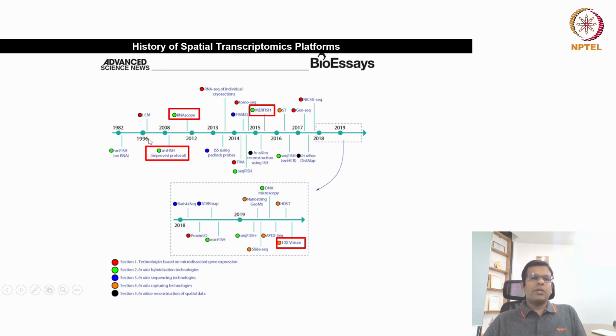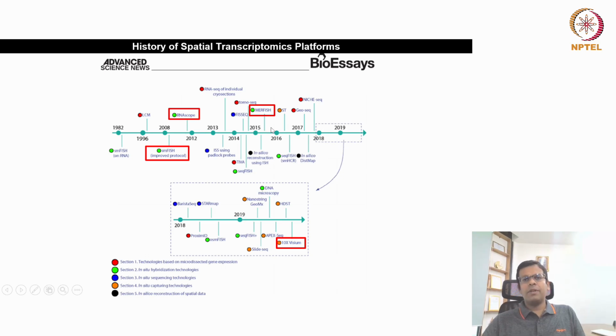Later on, around 2008, an improved protocol of smFISH was developed, the one we are discussing, which is Stellaris probe based. Then the RNAscope technology was developed around 2012, and around 2015, MERFISH was developed. There are many other types of methods available for spatial transcriptomics, but we cannot discuss all of them.